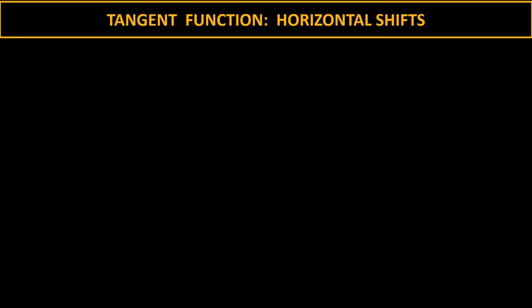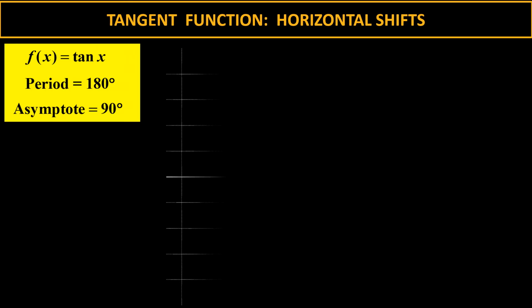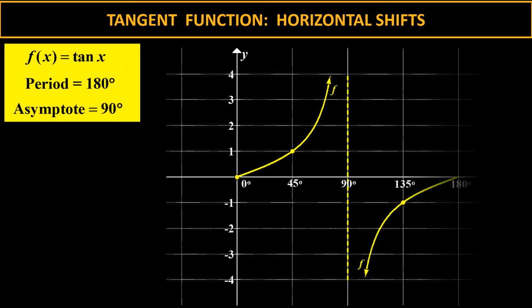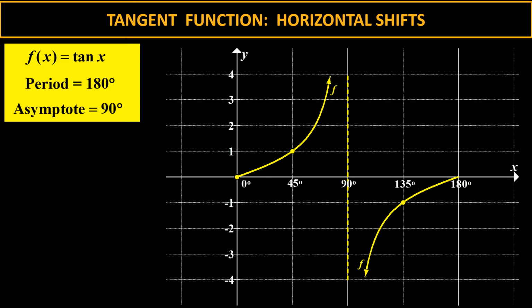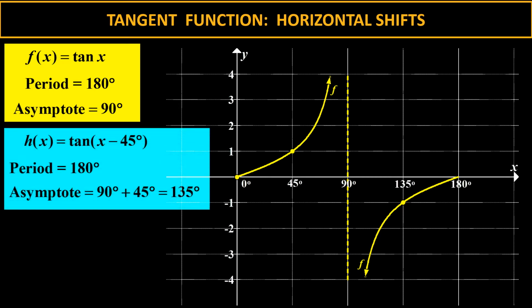Now let's consider the tangent function as well. So the tangent function, the period is 180 and the asymptote is at 90, right? So that's a standard tangent function. Now let's look at tangent of x minus 45. The period is still 180, but the asymptote now, because it's subtracting 45, moves 45 degrees to the right.